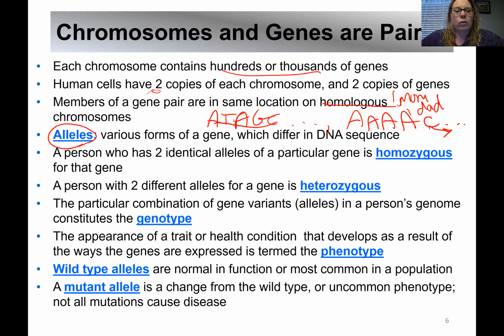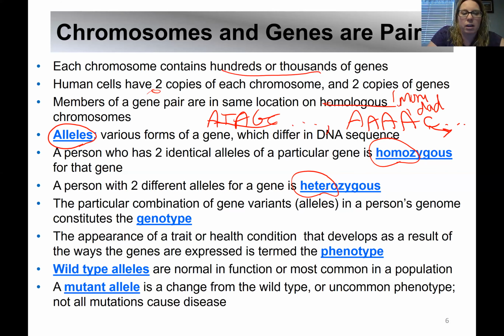Okay, so with the alleles, if a person has two identical alleles, they're called homozygous. So homo means the same, hetero means different. Okay, so let's use the widow's peak for an example. I think widow's peak is recessive.